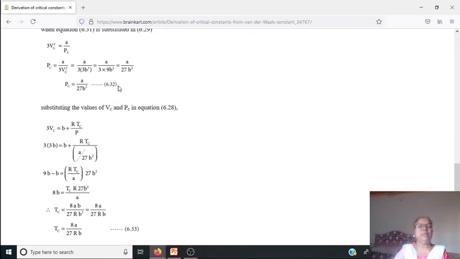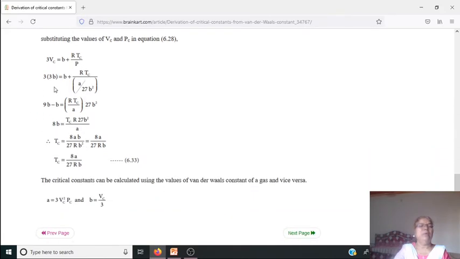Let it be our expression number 6.32. Then substituting the values of Vc and Pc in equation number 6.28, here we have 3 Vc is equal to B plus RTc by Pc, and we have the value of Vc as 3B.